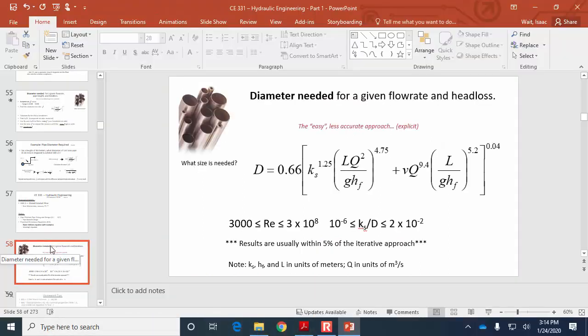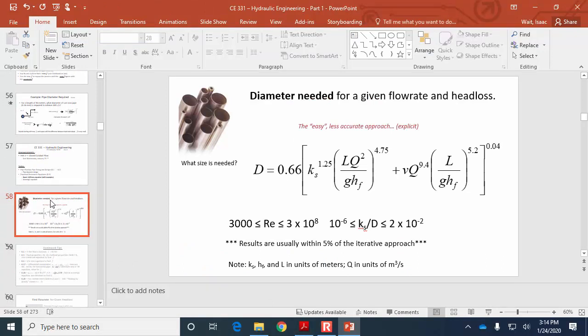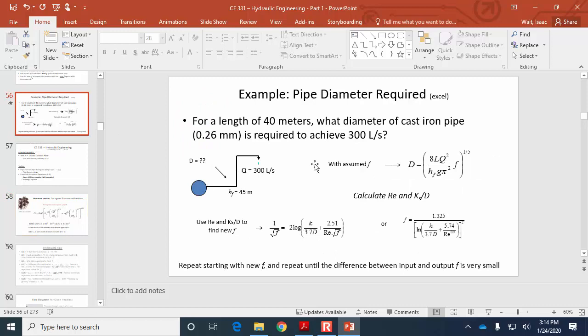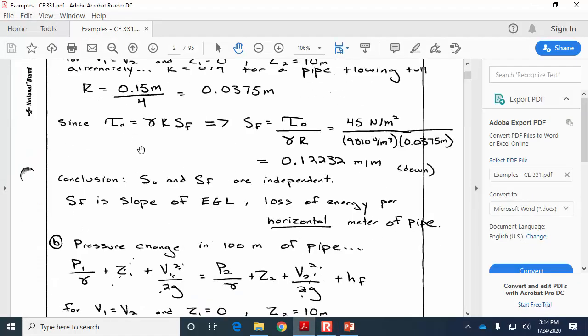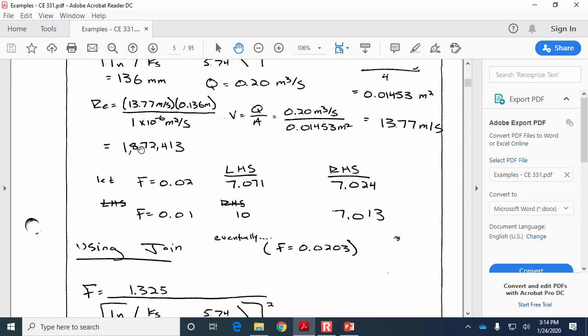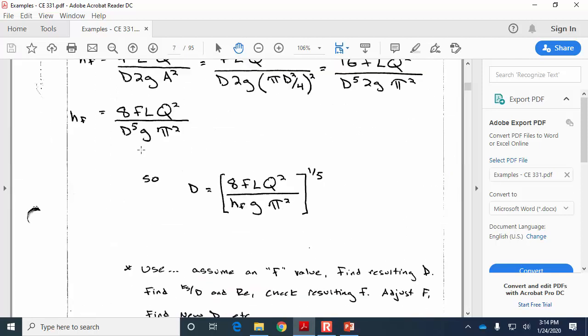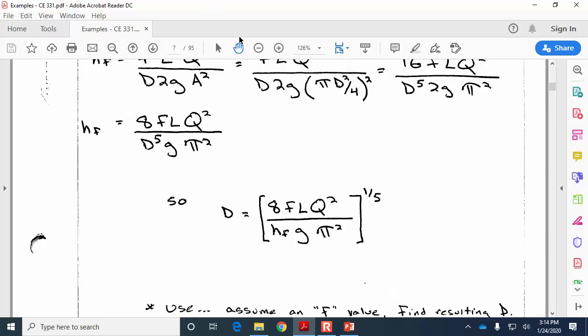Let me just show you. We're not actually going to work an example to illustrate it, but I'll show you what the calculations would look like for this same problem. You've seen the spreadsheet version of what diameter is required. So if we were going to do that by the calculation method, putting it into that big, hairy empirical equation, then by the way, let's just remind ourselves what was the diameter it calculated.